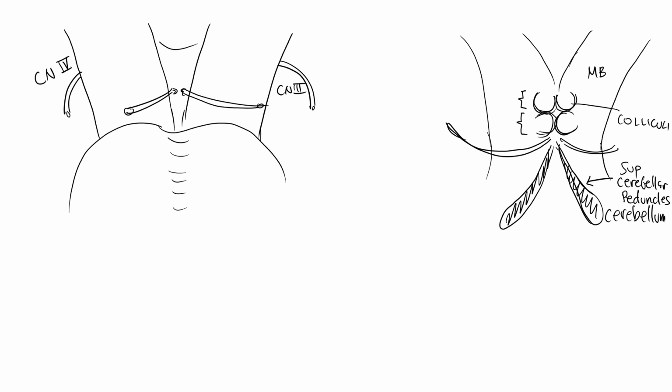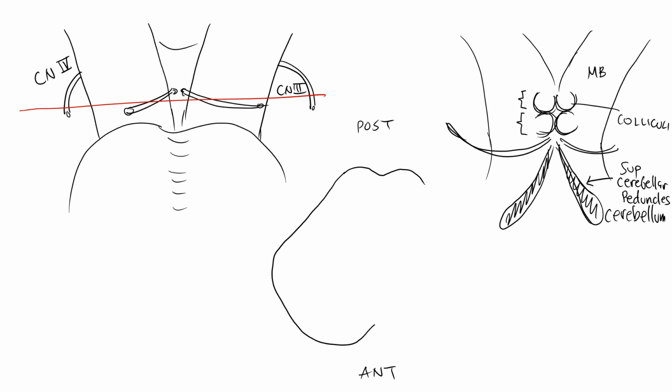Now let's go to the interior, the internal anatomy. So what we're going to do is cut the midbrain like this. If you cut the midbrain like that, this is the anterior, this is the posterior, and we're going to draw that. So you have the colliculi here, and then your midbrain is going to look like that.